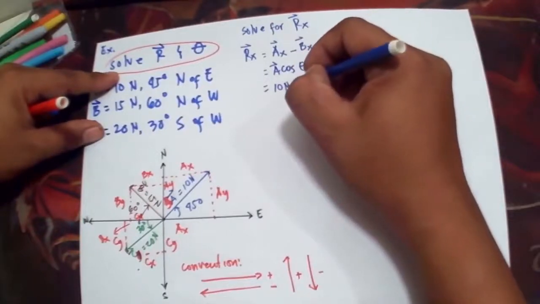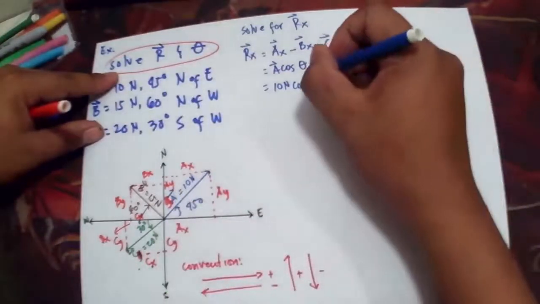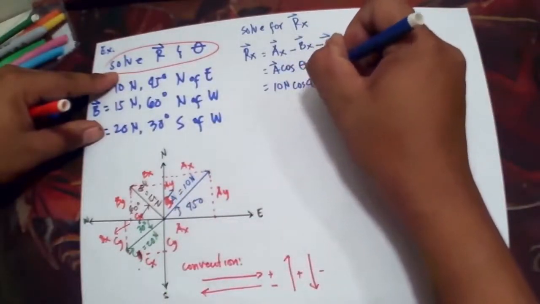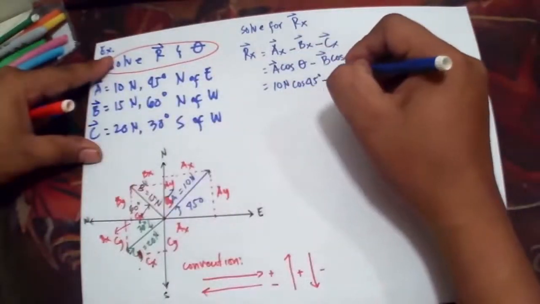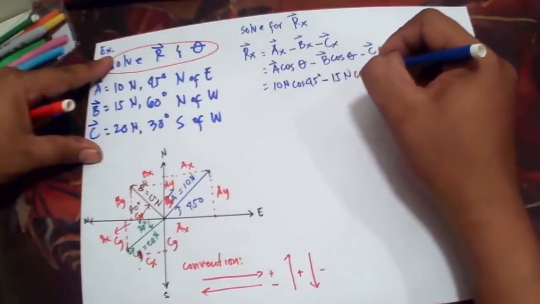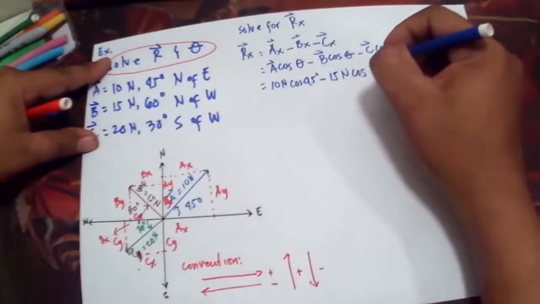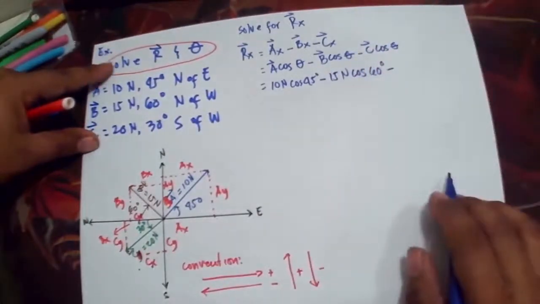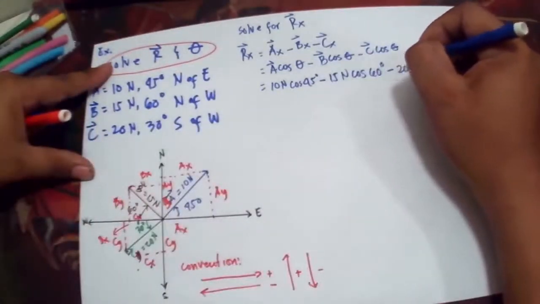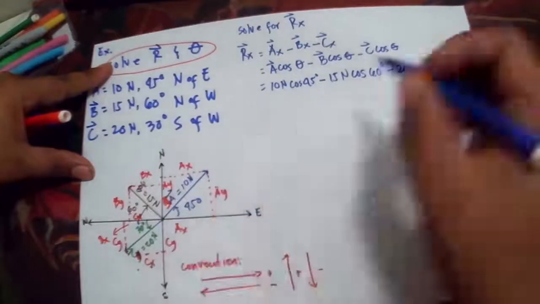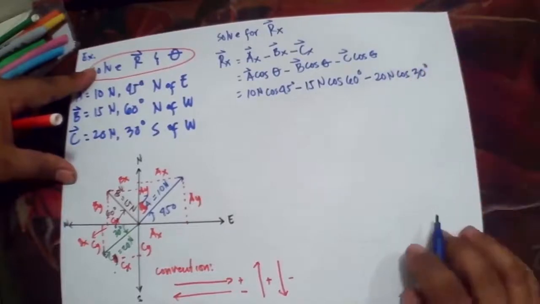Let's check, that's 10 newtons, okay, it's correct. 10 newtons cosine of 45 degrees minus, for vector B, that's 15 newtons cosine of, what's the angle of vector B? 60 degrees, minus, for vector C, 20 newtons cosine of 30 degrees.